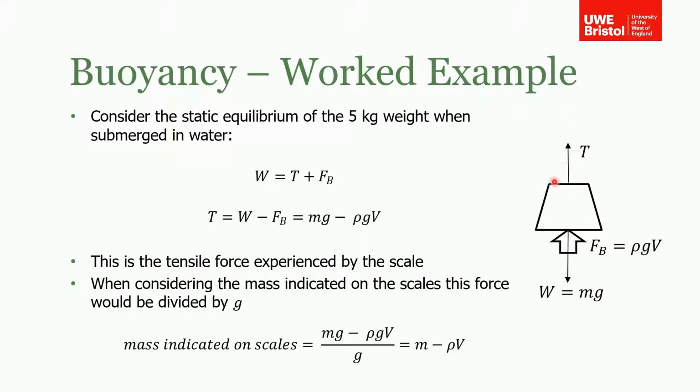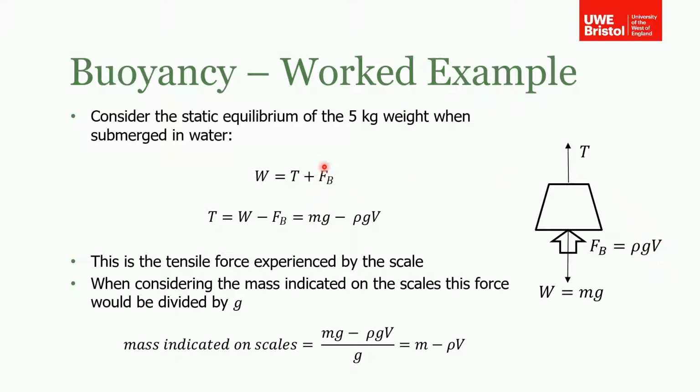We have the tension that's being taken up in the cable, so obviously those two forces are balancing each other out when it's in the air. But when we lower it into the water, we have an additional force acting on it, and that's this buoyancy force. And as we said previously, that's equal to rho g times the volume.